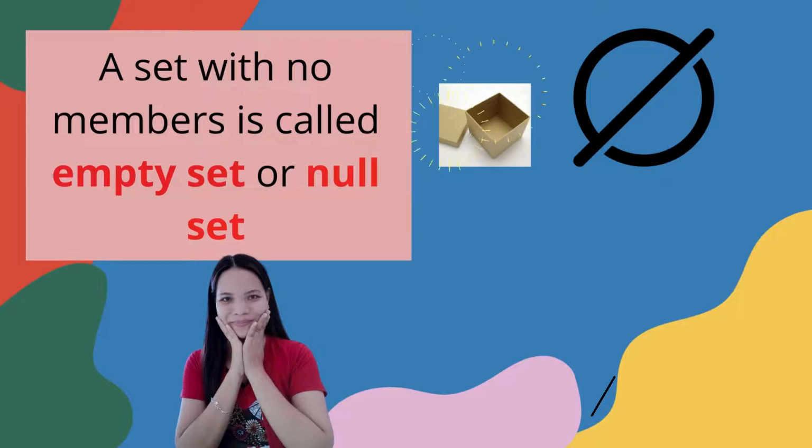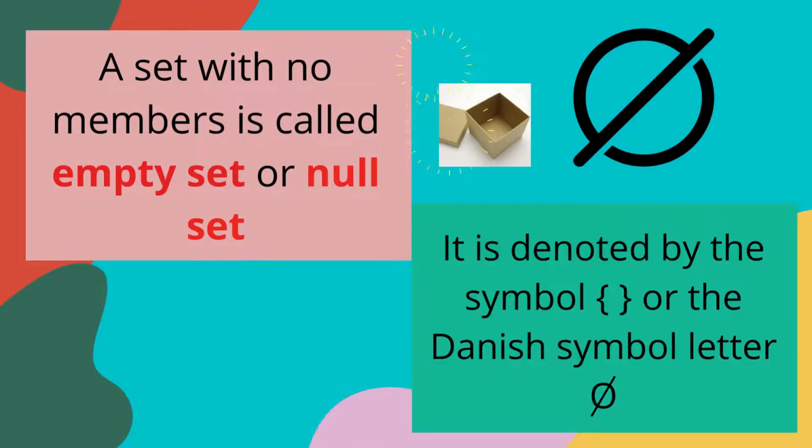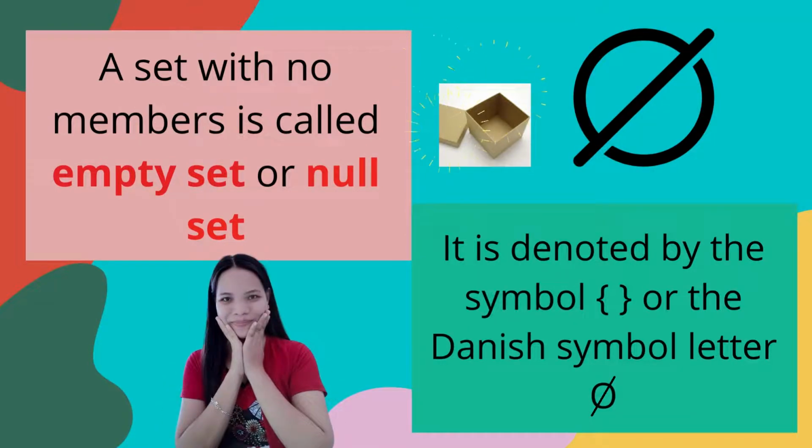A set with no members is called an empty set or null set. It is denoted by this symbol: braces, or the Danish symbol letter, a circle like an O with a slash.